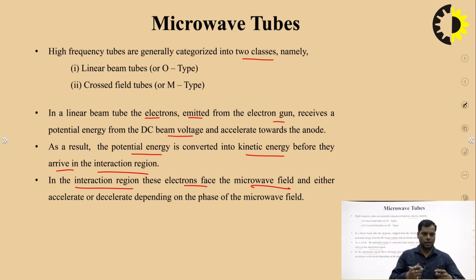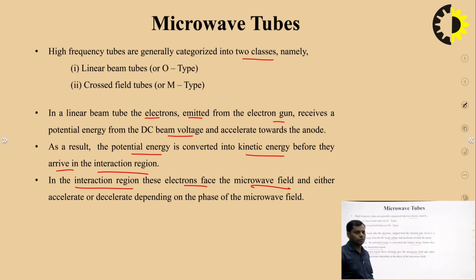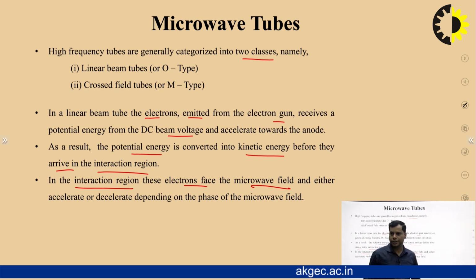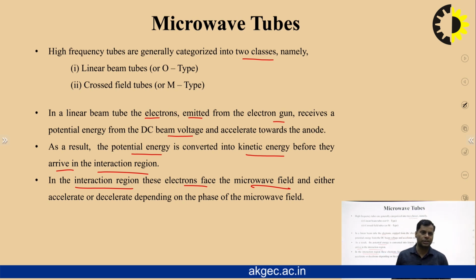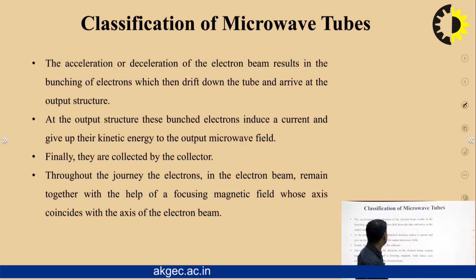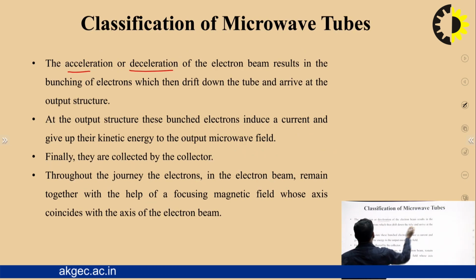When the electrons interact with this microwave signal, they may be accelerated or decelerated, depending upon the phase of the microwave signal and the actual force applied at that time. The acceleration or deceleration of the electron beam results in the bunching of electrons.